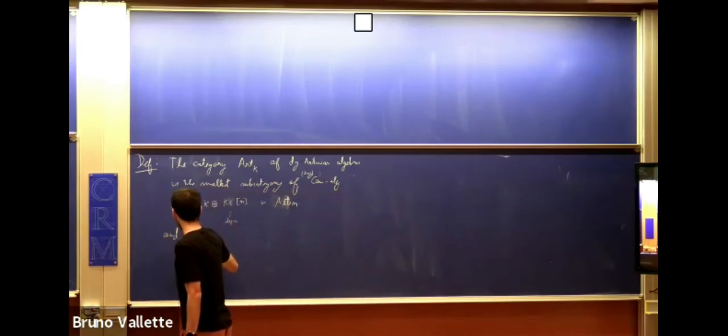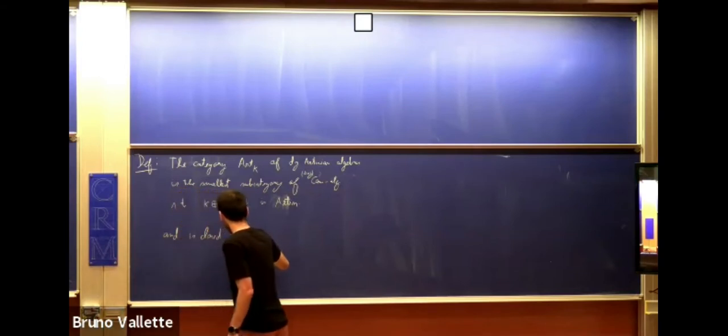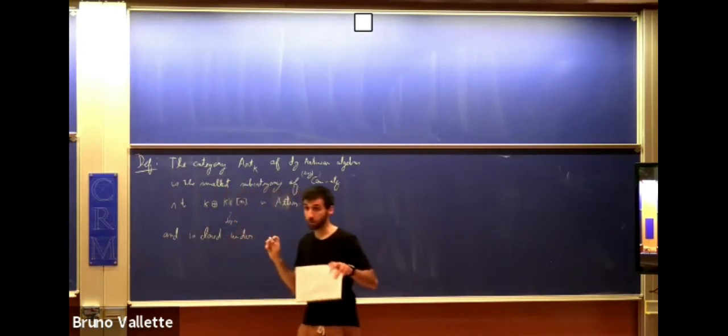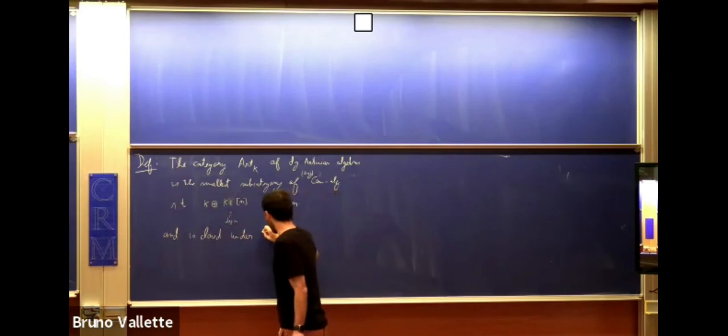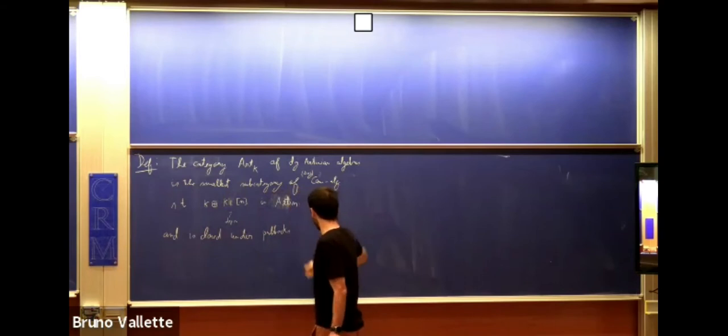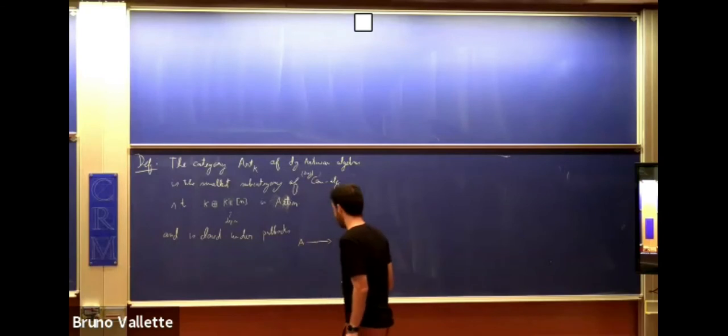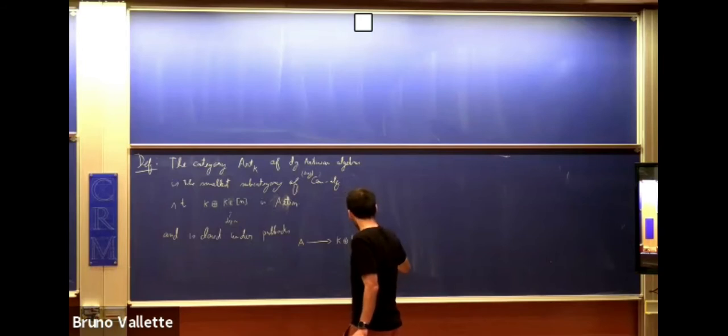So the category is closed under square zero extensions, but you need to take them in the appropriate sense. So under pullbacks of the form A times K plus K epsilon n. Oh, sorry.